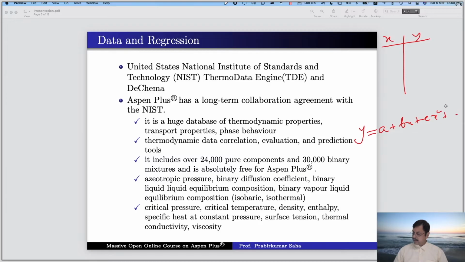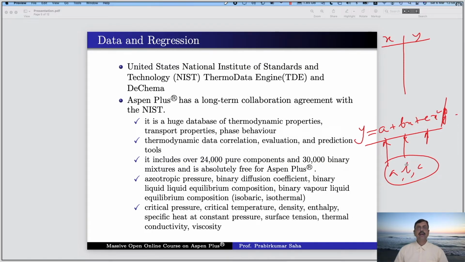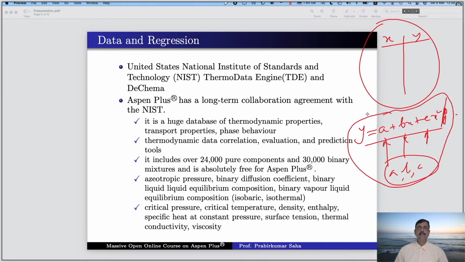Then you have to put the values of x and y data on that and find out the values of a, b, and c, which are the model parameters. And this is called the regression. So you have to have a data set, and you can do the model regression based on that.